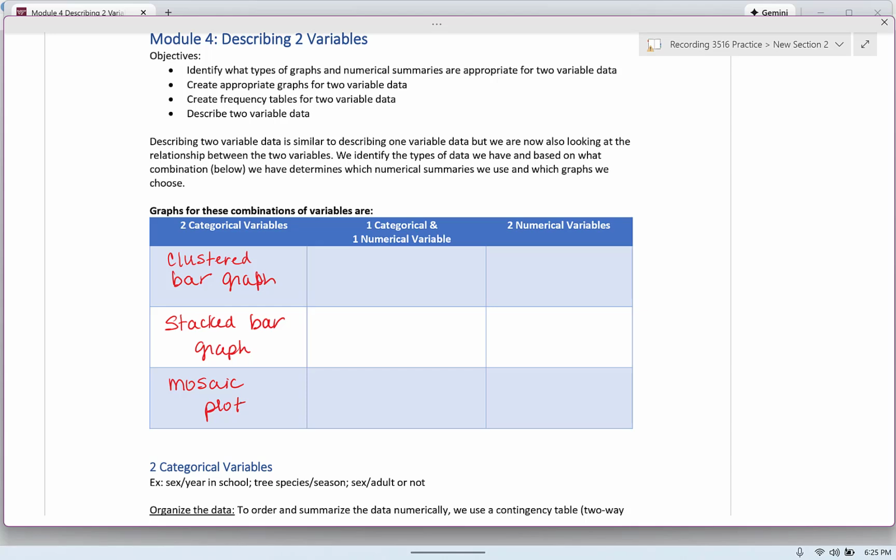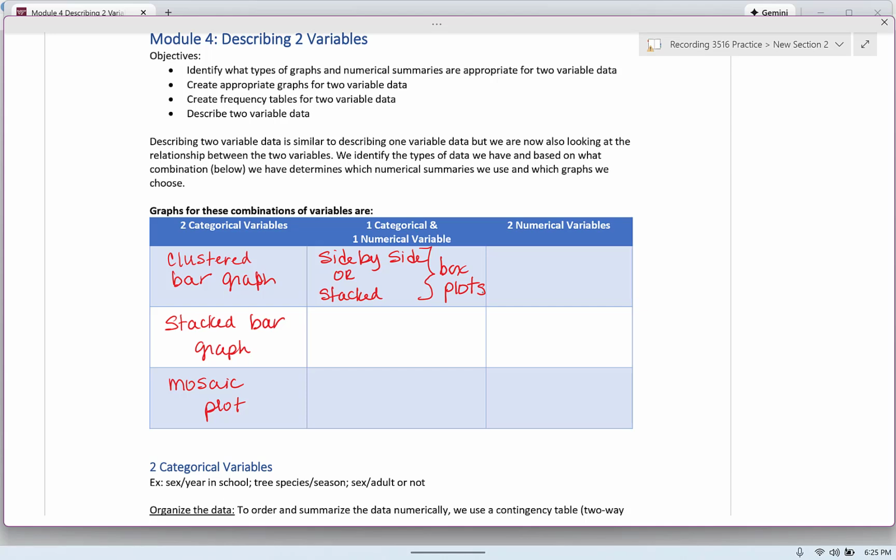So what we can do is a side-by-side box plot, also known as a stacked box plot. So you can call it a side-by-side box plot or a stacked box plot. And I'm going to say plots because there will be multiple plots on this legend or this axis.